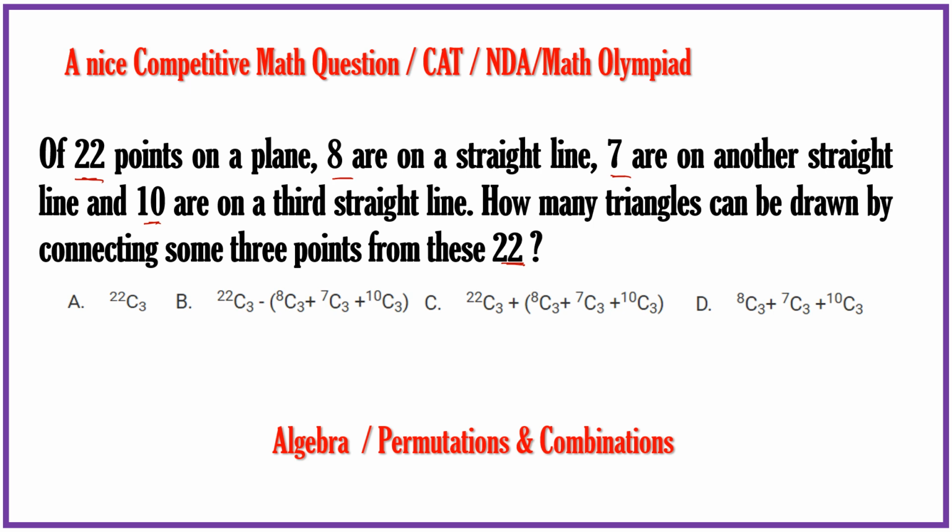The options are 22 combination 3, 22 combination 3 minus 8 combination 3 plus 7 combination 3 plus 10 combination 3. 22 combination 3 plus 8 combination 3 plus 7 combination 3 plus 10 combination 3, and last option is 8 combination 3, 7 combination 3 plus 10 combination 3.